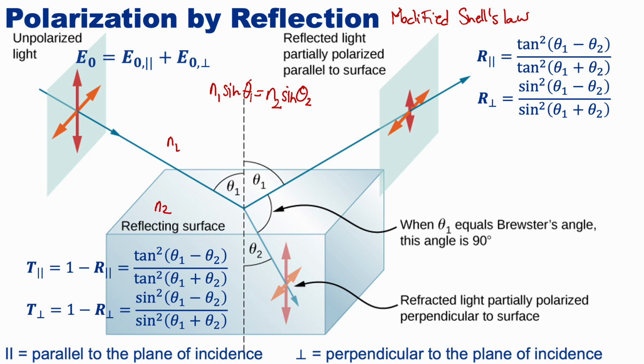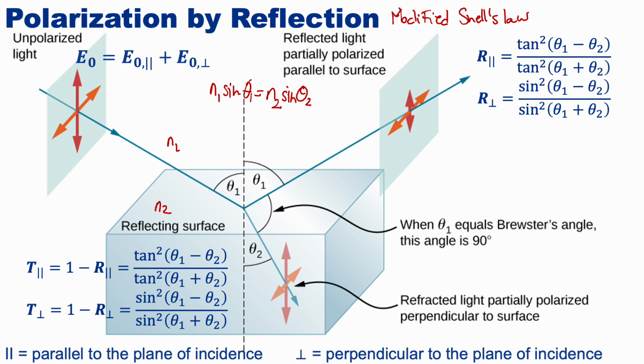The question now is that in a general case, the incident light is polarized, but let's assume that in general we consider that it's unpolarized, right? So we have the same amount of component in the two orthogonal directions, one that is parallel to the surface, and the other one perpendicular to the surface.